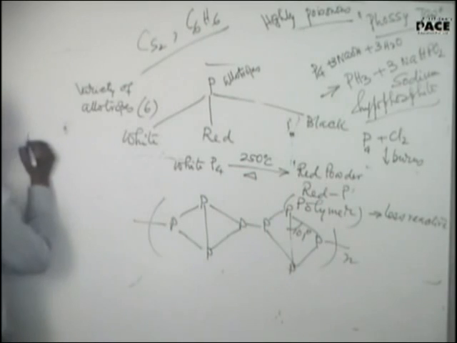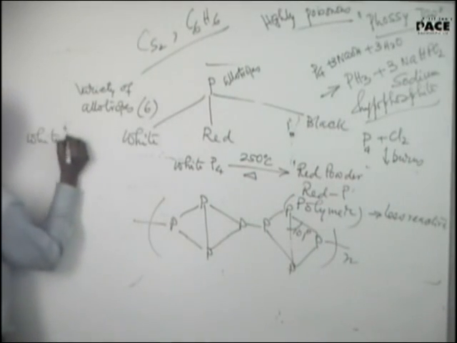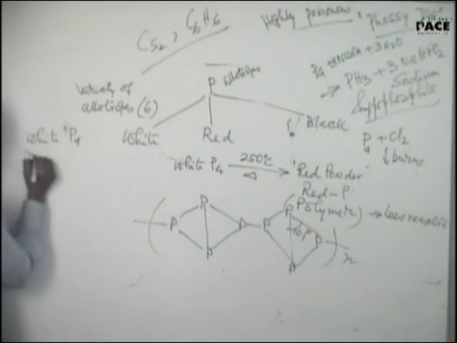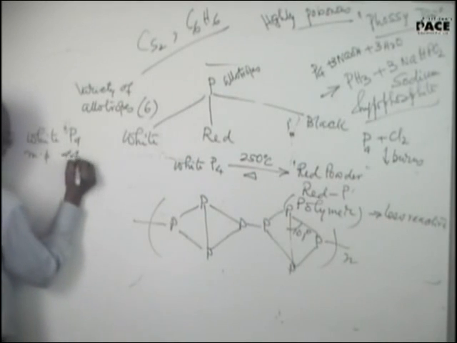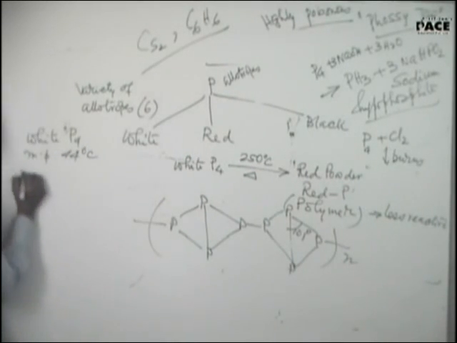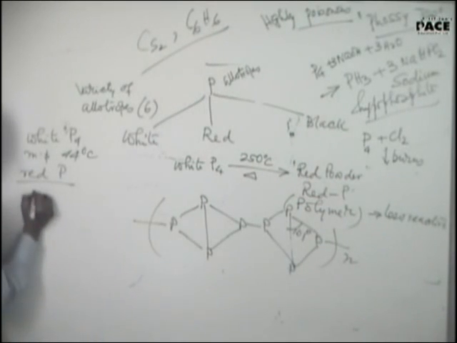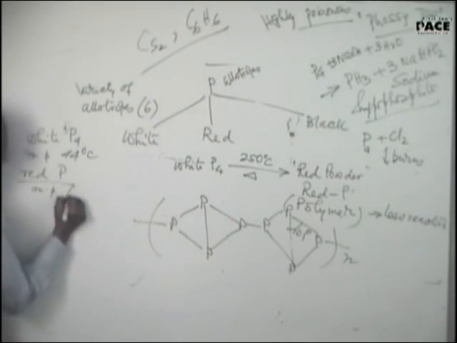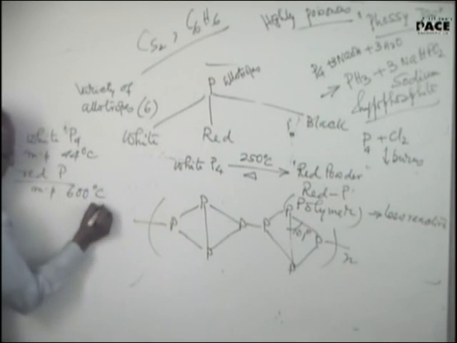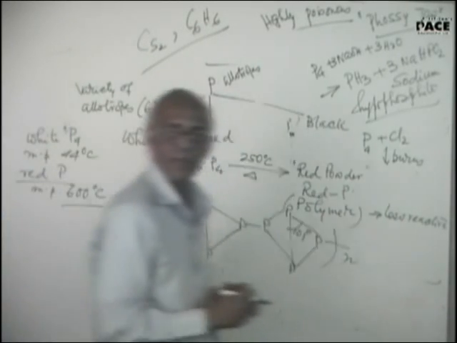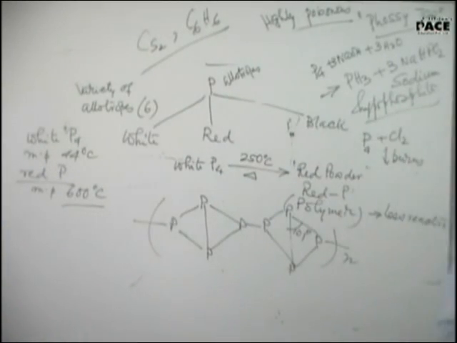White phosphorus has a melting point of 44 degrees Celsius, whereas red phosphorus melts at 600 degrees Celsius. So you see the difference.